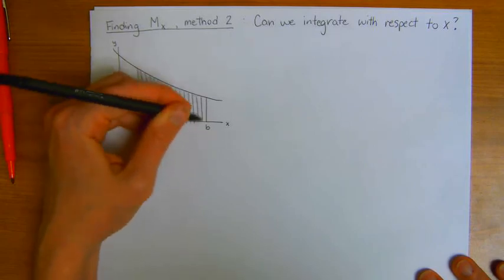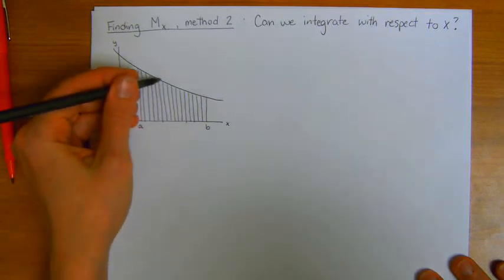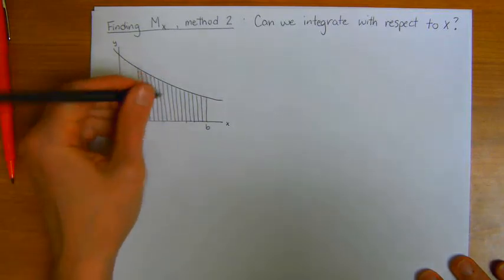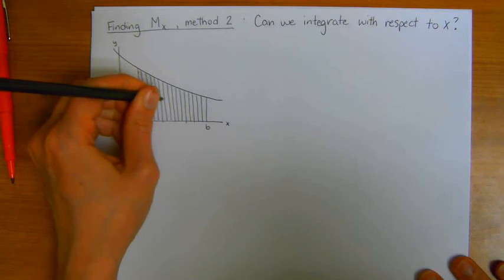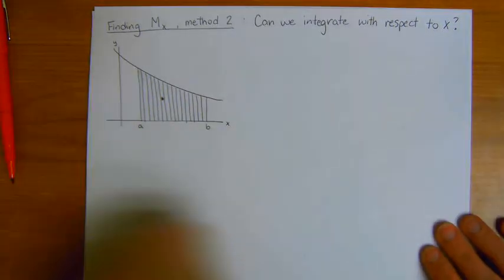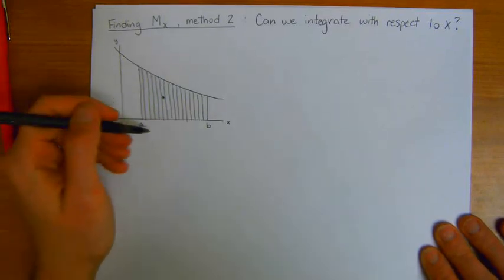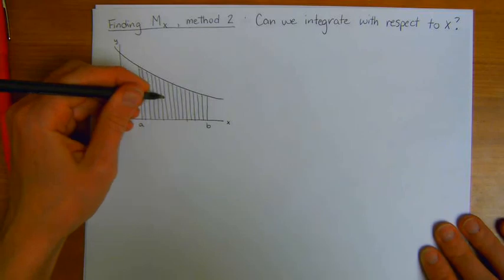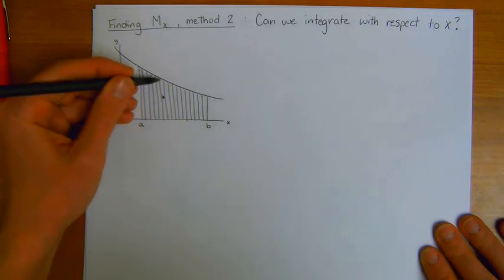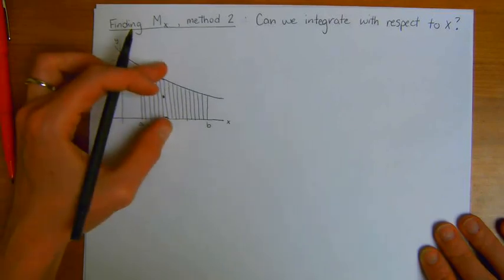And we're going to use the fact that because the density is uniform, instead of considering the entire strip, we're just going to look at an average. So the moment for this strip can be computed by looking at the center of the strip, because that's an average of the top and the bottom, and moments are a linear function.